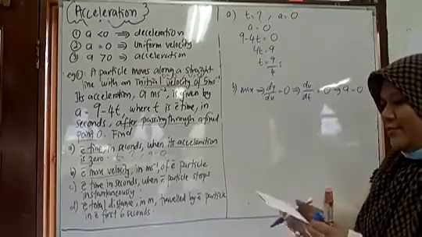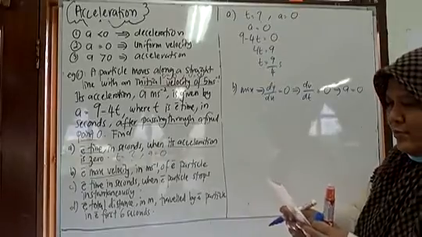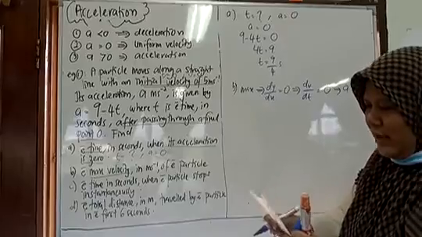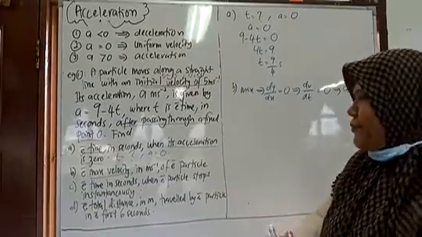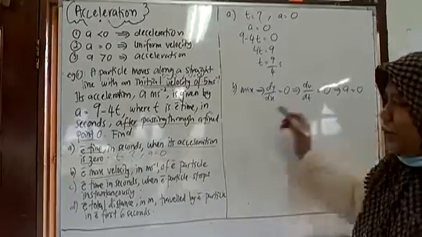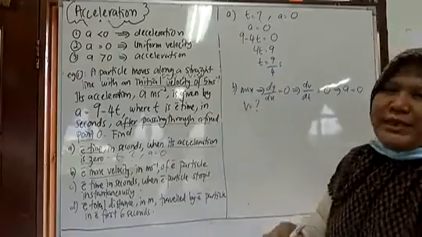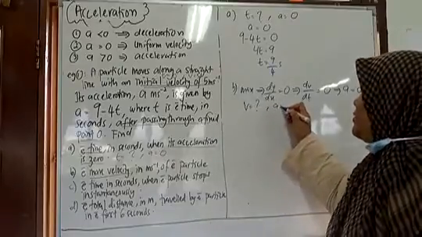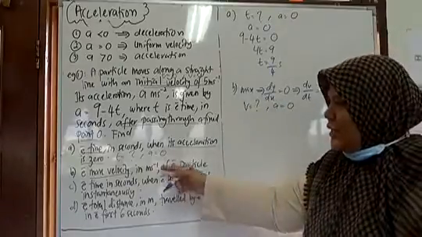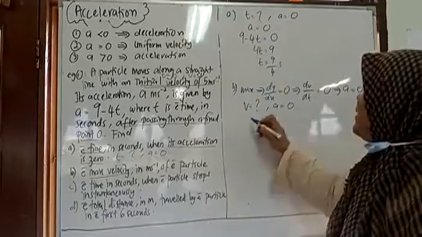So when a equals 0, the question asks what is max v. So what is v when a is equal to 0? This is what this question is talking about. So first find a equals 0.